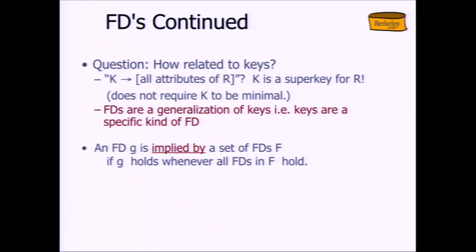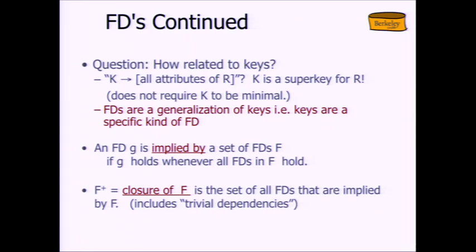So F is a set of functional dependencies that describes several dependencies between some set of columns, and if we can get from the functional dependencies in F to G, then we'll say that G is implied by F. And we also define the closure. The closure of some set of functional dependencies F is all of the functional dependencies that we can get from F.